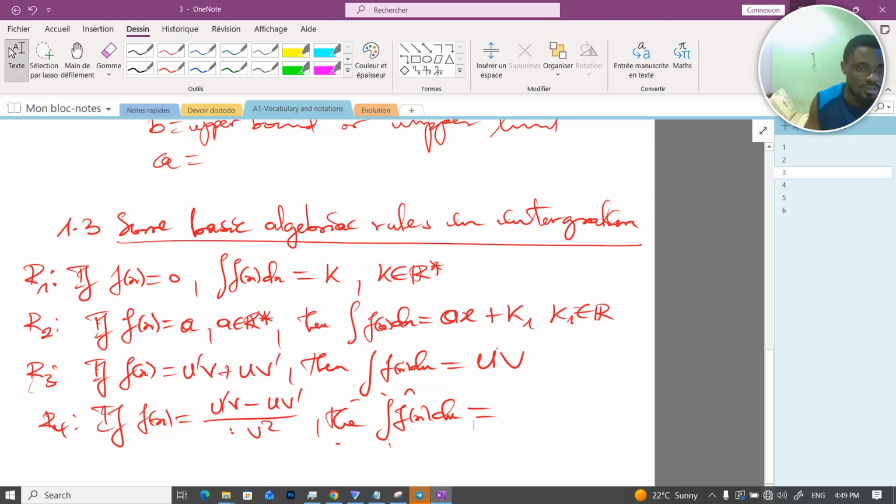This is simply the quotient rule in differentiation. Whenever you are asked to differentiate a quotient, this is the formula you use, which is v du dx minus u dv dx all over v squared. So the integral of this will simply be equal to u on v plus the constant of integration k.